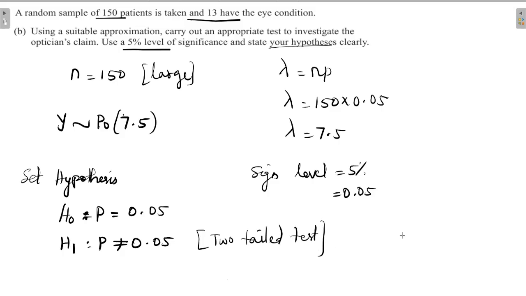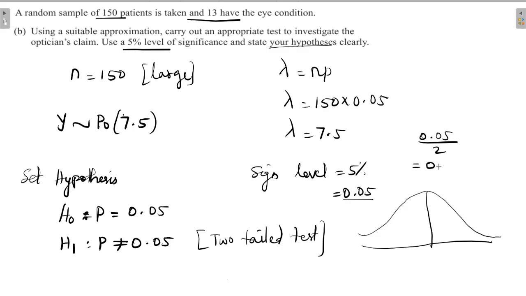So what is a two-tailed test? We can consider a two-tailed test on a normal curve, because our significance level is 0.05. This 0.05 we have to divide by 2, because it is a two-tailed test. When we divide by 2, this value is 0.025. So the left region and the right region are similar.